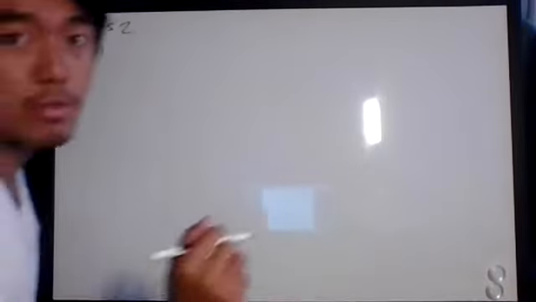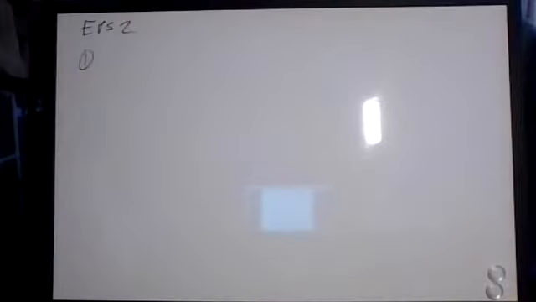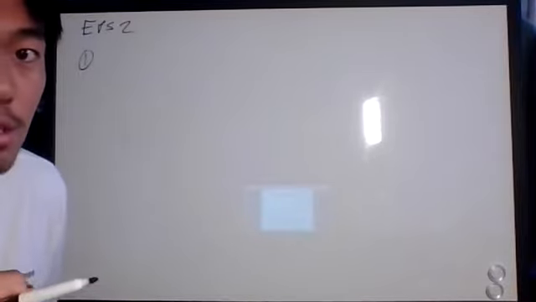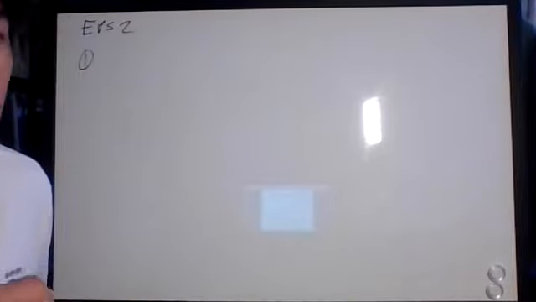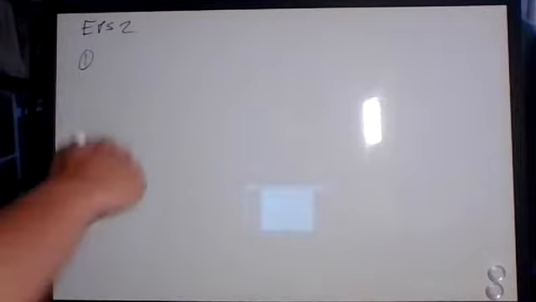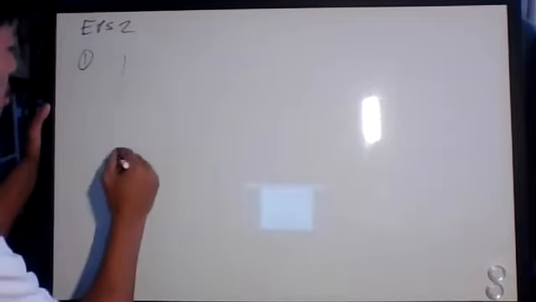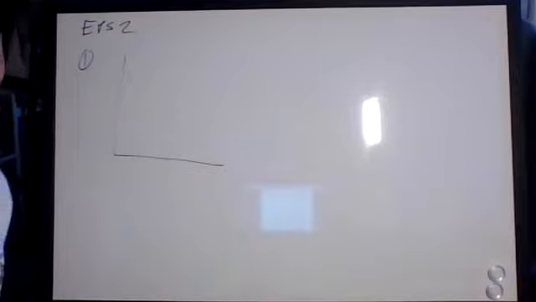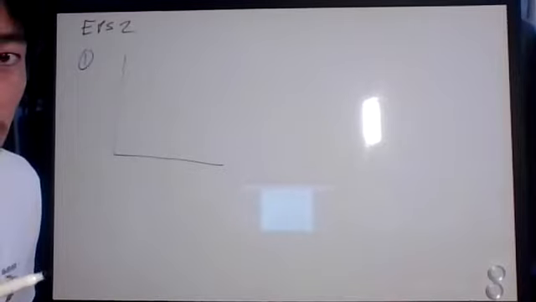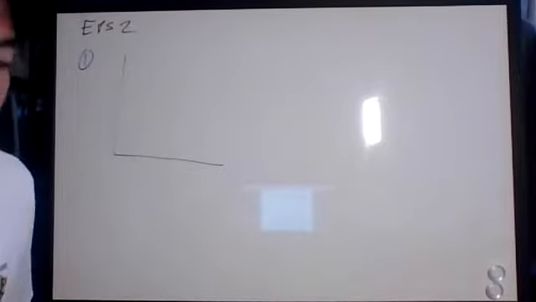We're given that this individual has preferences over left shoes and right shoes, right? That tells us immediately that left shoes and right shoes is going to be a minimum function, referring to perfect complements. When we're talking about left shoes and right shoes, there's going to be a 1-to-1 ratio in the way that we consume them.